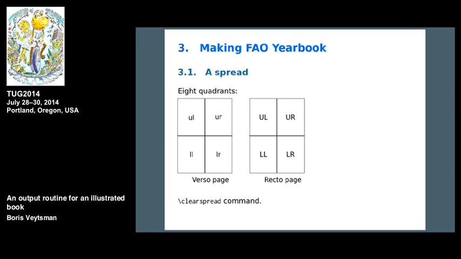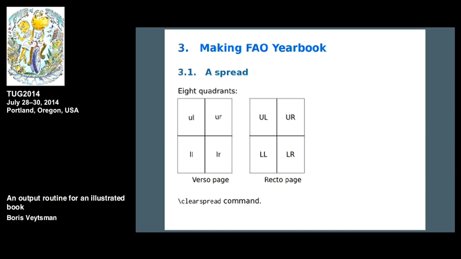He divided each page into 4 quadrants, so here they are called UL for upper left, UR for upper right, and so on. I will use lowercase for the even pages and uppercase for the odd pages, and each illustration should take only an integer number of quadrants.